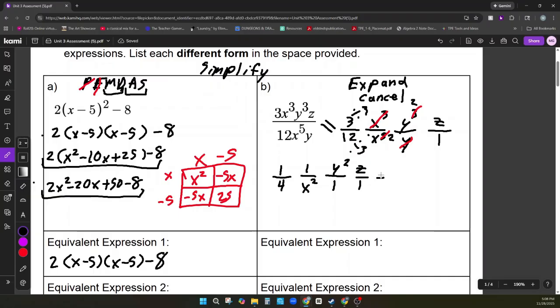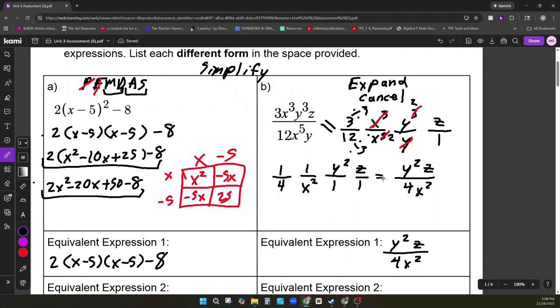That's going to be z over 1, which is going to give me y squared z all over 4x squared. And already through the process of simplification, I already have one equivalent expression, that being y squared times z all over 4x squared.